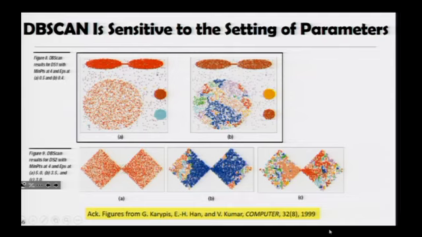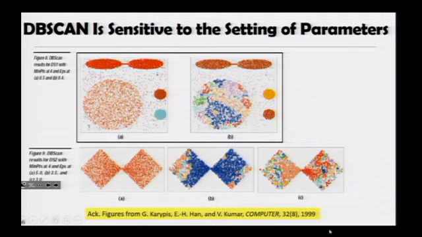So here you can see the people actually run the DBSCAN algorithm on two data sets using different parameter settings. On the upper row, you can see they set the minimum points as 4, but they changed epsilon into two different settings. In subfigure A, they use epsilon as 0.5, and in subfigure B, they use epsilon as 0.4.